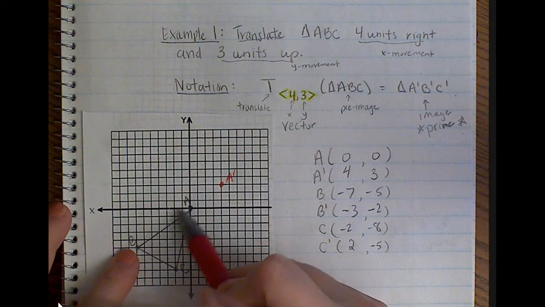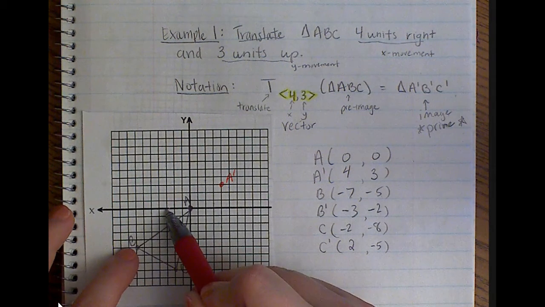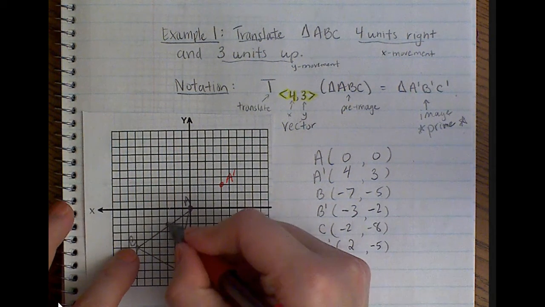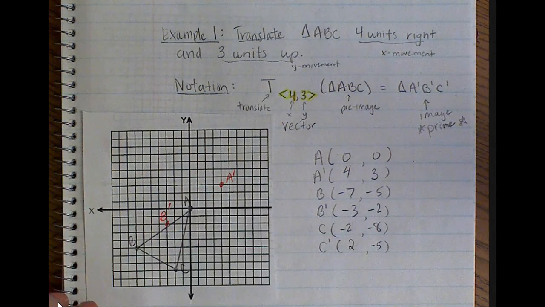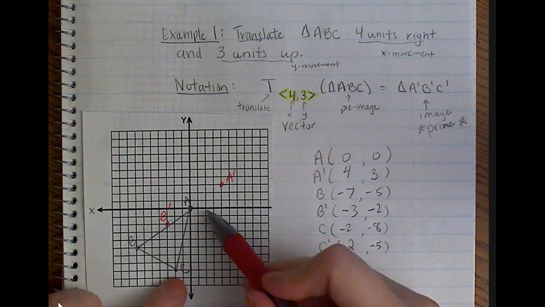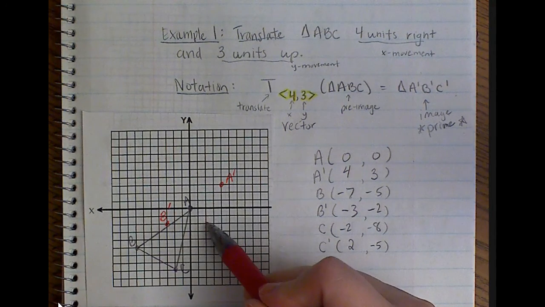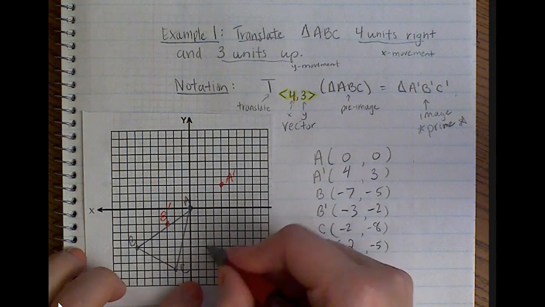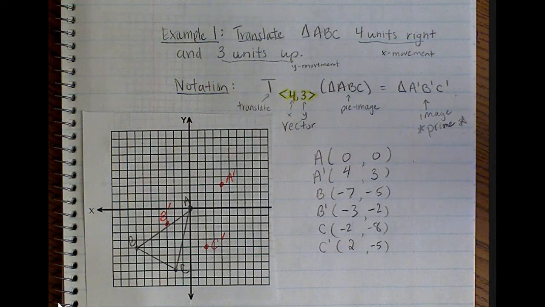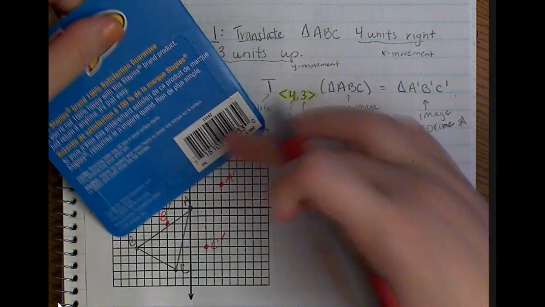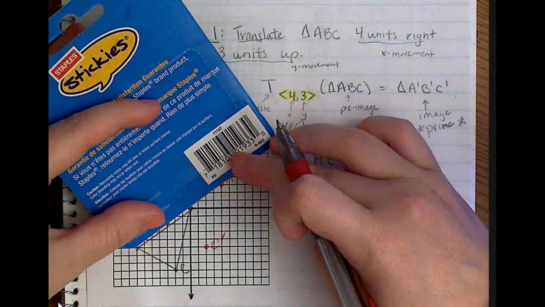B is at -3, -2, and C is at positive 2, negative 5. 1, 2, 3, 4, 5. When you label those points, you want to make sure that they have the prime symbol. And then I just grab any straight edge that you have lying around. I'm going to use the edge of this little thing here.